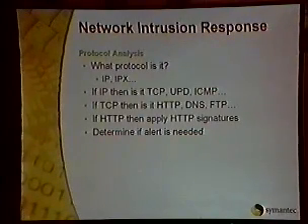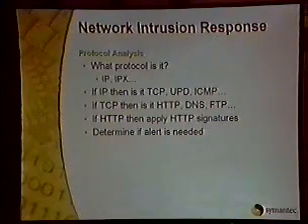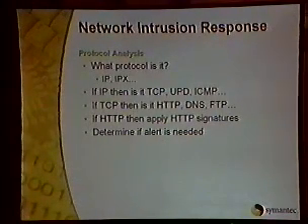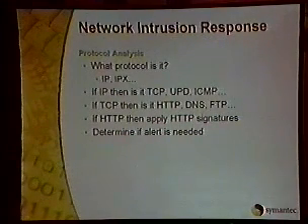We find out that it's a TCP packet, and then we determine, where is it destined? Is it HTTP? Is it DNS? Is it FTP? What is it? Then we find out, okay, this is an HTTP packet, so then we apply our HTTP signatures to determine if an alert is needed. And that's protocol analysis in its simplest form.